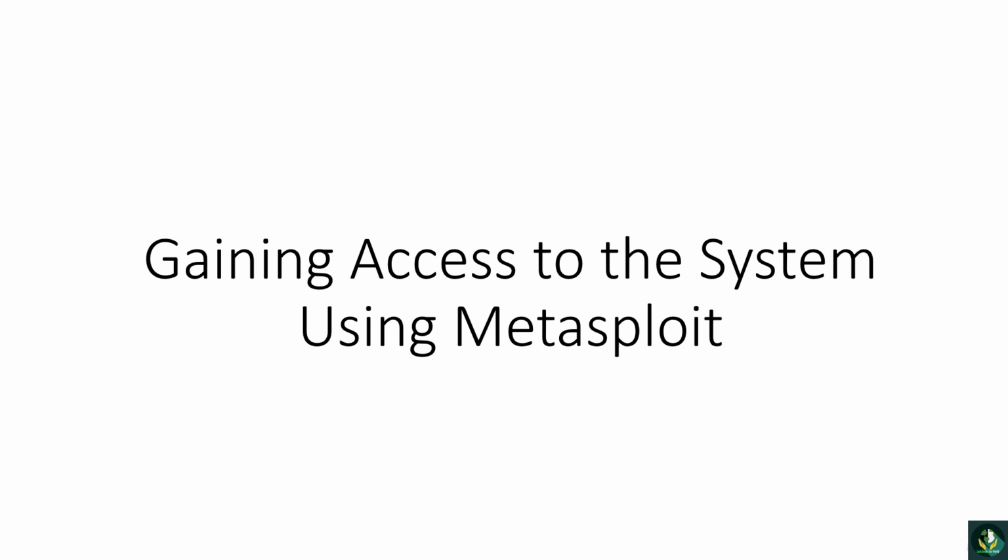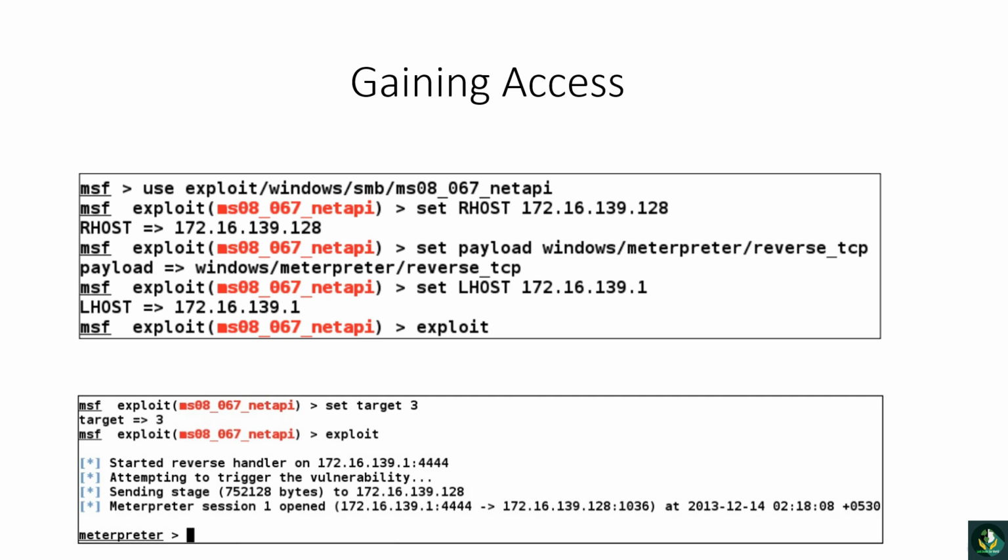The primary agenda of this phase is to exploit the maximum possible holes in the system and to gain the highest possible privileges. So let's quickly exploit the target system. We're going to use this exploit in Metasploit. Just as previously, you have to set your host and payload.